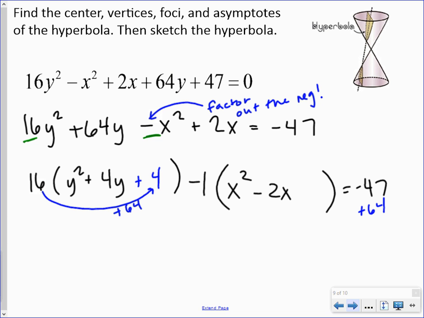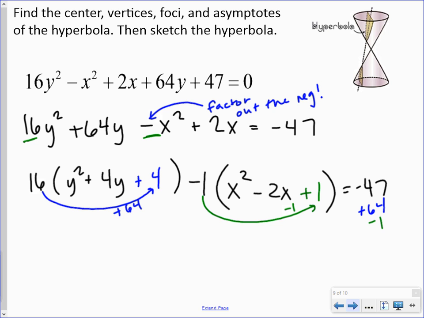The number that completes the square for my x's is plus 1. But what I really did was subtract 1. That's really negative x squared plus 2x minus 1. So I gotta subtract 1 on the other side. I really subtracted 1.